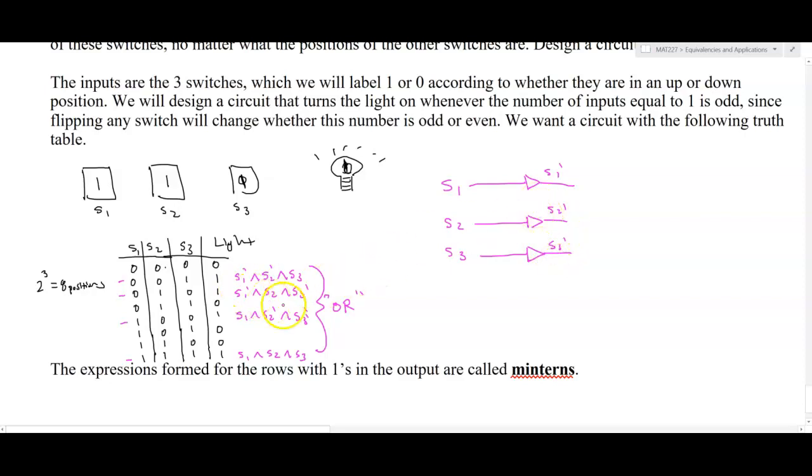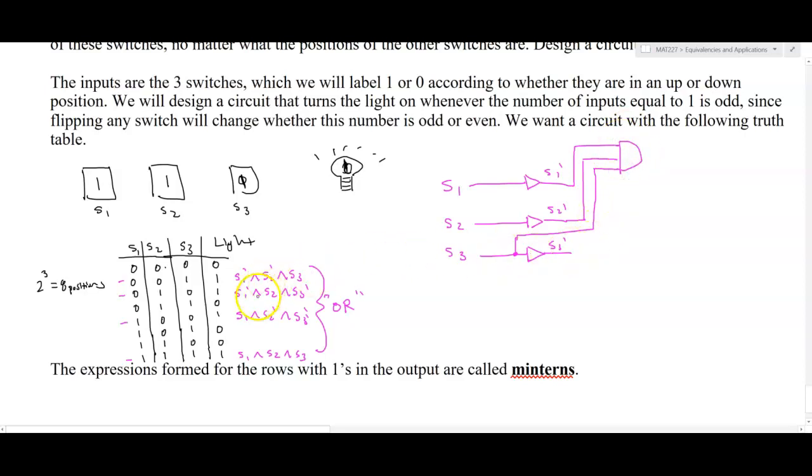And now I know that if S1 prime and S2 prime and S3 get used together, then that should turn the light on. So I'm going to kind of branch this out over here and put this into an AND gate. S2, same thing, S2 prime. And then I want an S3 into there, so I'm going to grab an S3 over here, basically attach a wire before the inverter gate and run that up here and have my AND gate that's going to AND those three signals together.